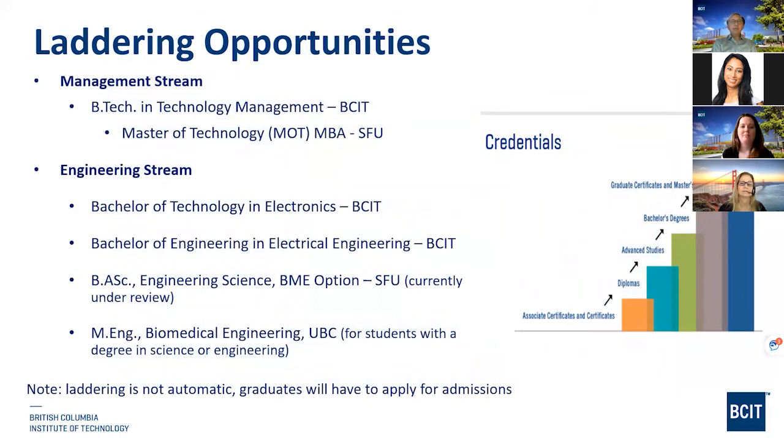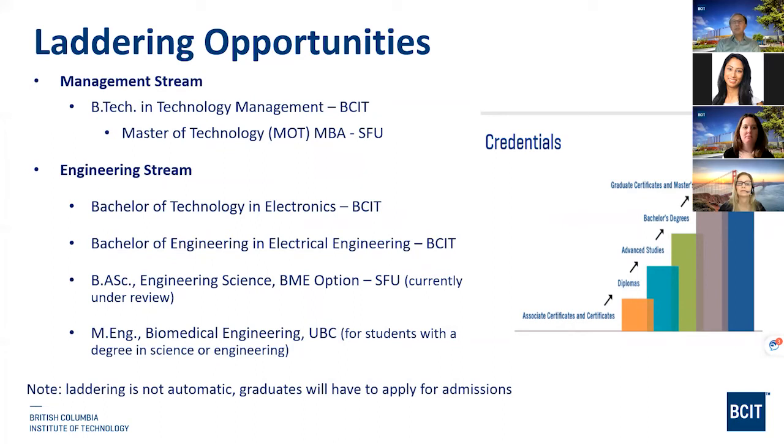In terms of laddering, we try to set up some pathways for students that want to move further in education. We have a Bachelor of Technology in Technology Management at BCIT. Our grads can get in, and this degree will allow students to get an MBA from Simon Fraser University. This is a part-time option for our grads.